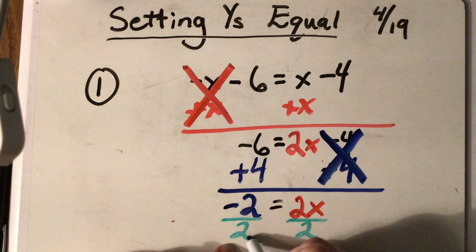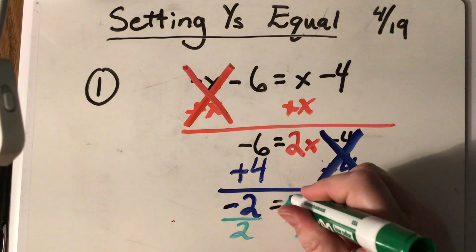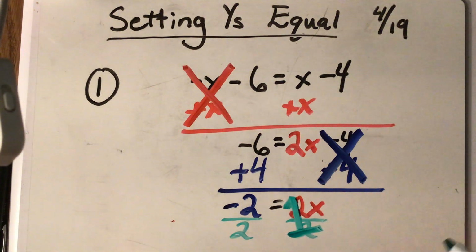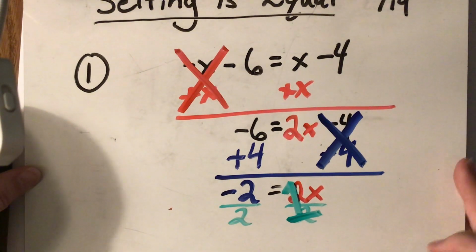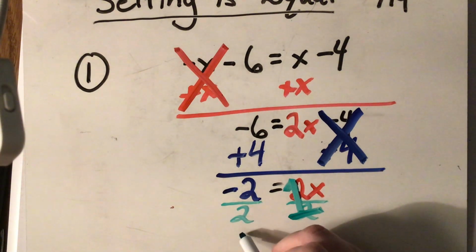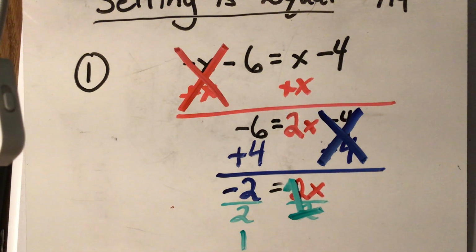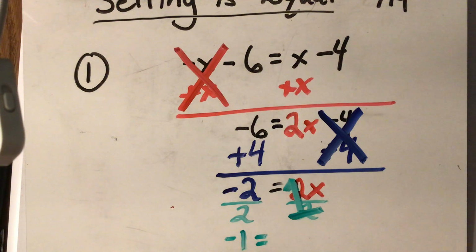Divide by 2. 2 divided by 2, that is a big giant 1. Now, what's negative 2 divided by a positive 2? Well, 2 divided by 2, that's 1. And a negative divided by a positive is a negative. So now I have negative 1 equals x.